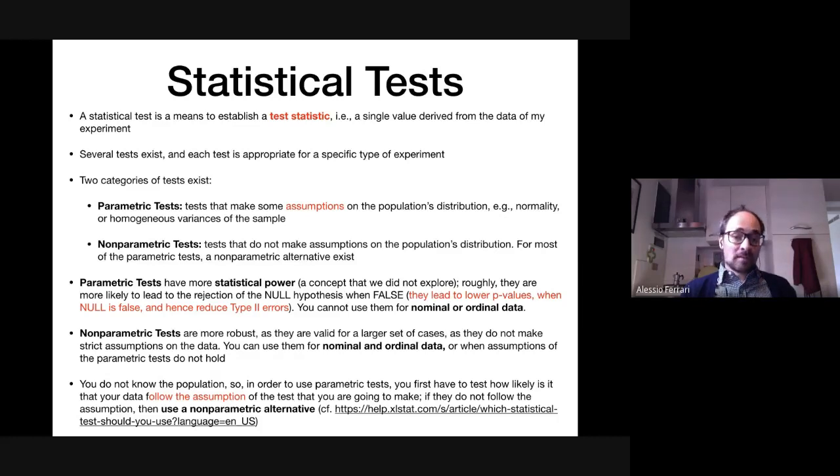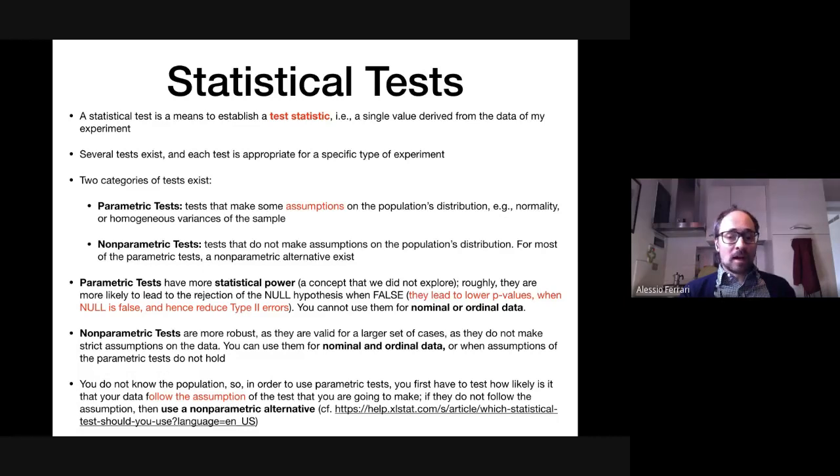The non-parametric tests do not make an assumption on the distribution, so they are more robust, but they are more likely to lead to type 2 errors, so being unable to reject the null hypothesis although it is false. They can be used, however, on nominal and ordinal data. So in this case, you have no choice, basically.